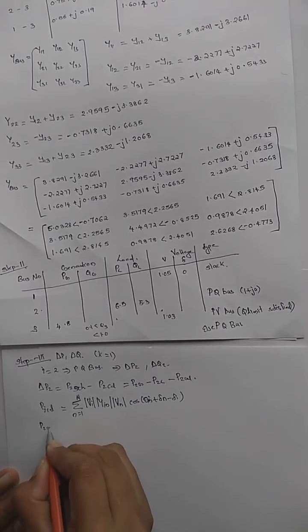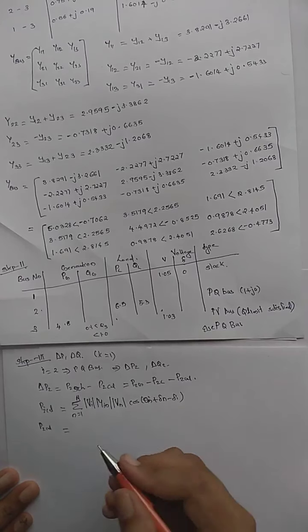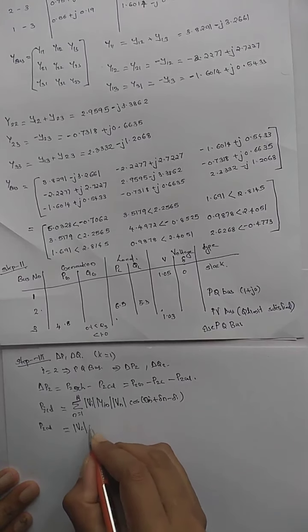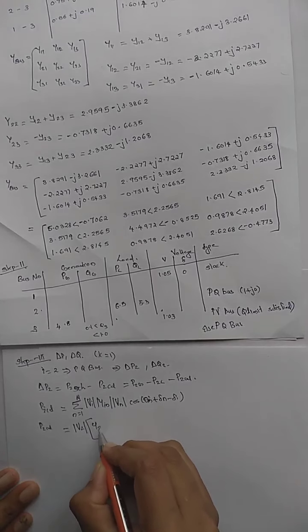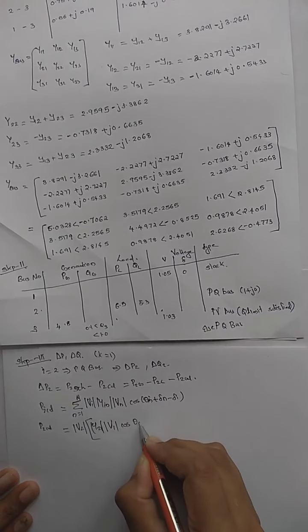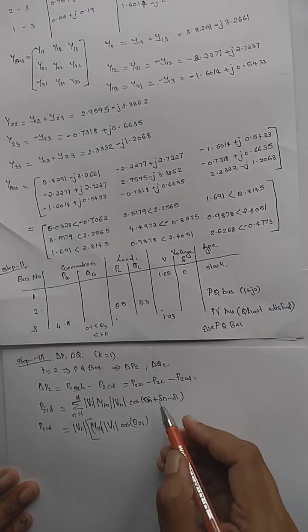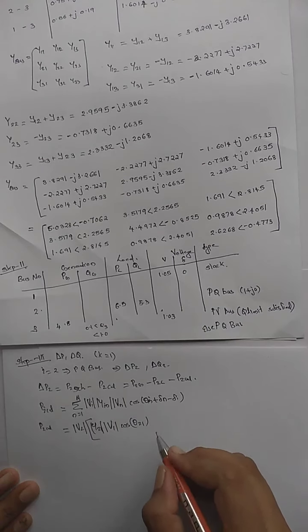So in order to find out P2 calculated, I am writing it directly. That is V2 into, I am just taking V2 common, Y21 V1 cos theta 21, because delta 1 and delta 2, all the delta values I have assumed as 0 for the first case.